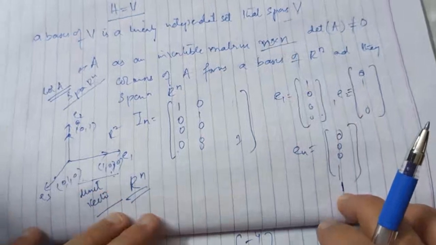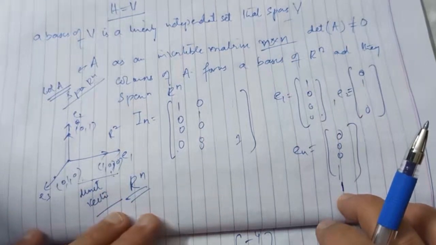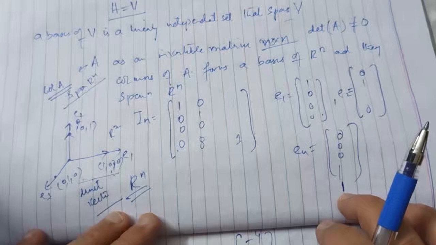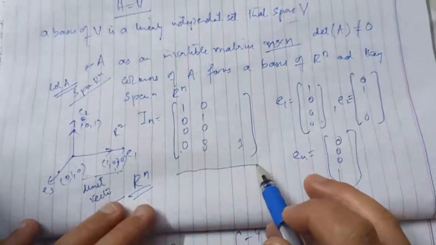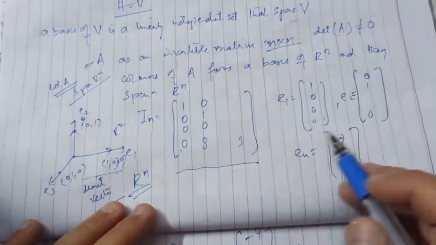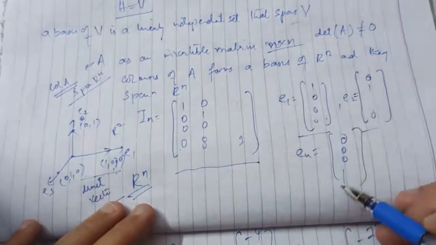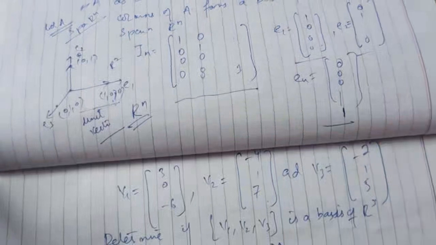Now one of the examples of linearly independent vectors in Rn is the columns of the identity matrix, which is E1, E2 up to En, as you already discussed earlier.